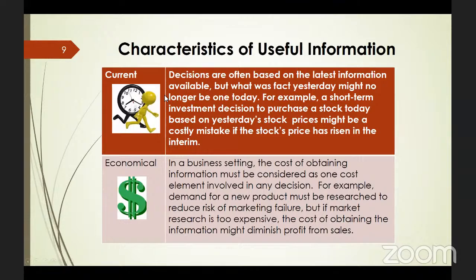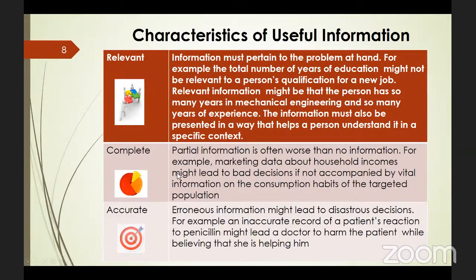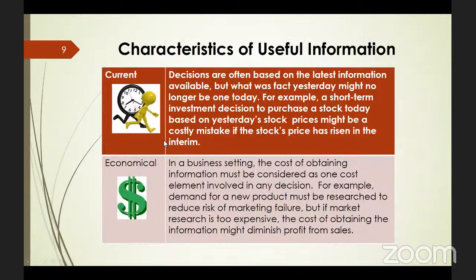If you want to make a timely decision within an organization, whether it's a nonprofit or a business, and the information is very old, the decision won't be useful. I would say the first four are maybe the most important, but there can be a situation where the information you get is too expensive.